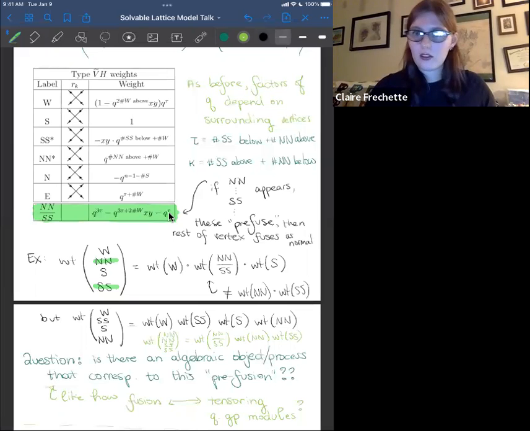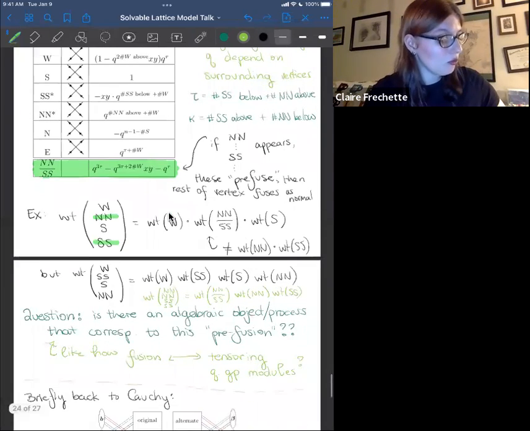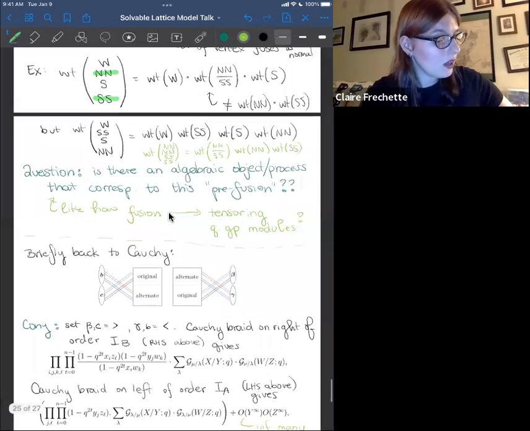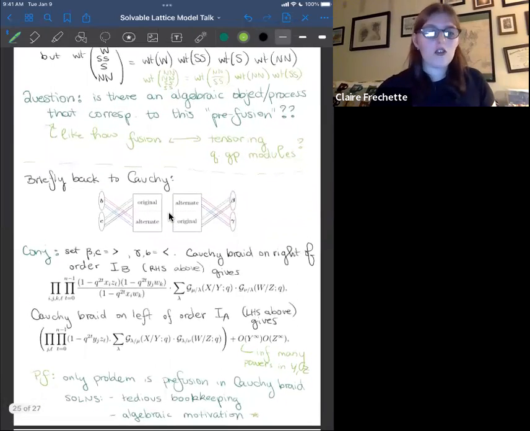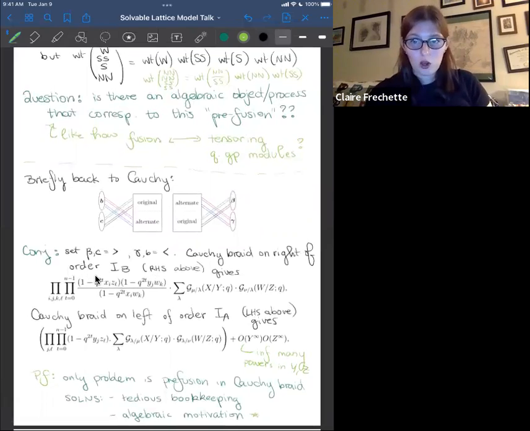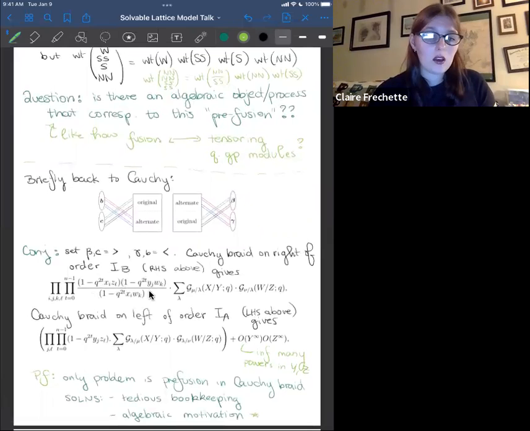So in the last 5 minutes, I'm going to bounce really quickly back to the Cauchy identity and end on a conjecture, which is that precisely the Cauchy model gives you the Cauchy identity. Most of your terms from the commutator show up on this side, in fact, coming out from my right-hand side above.